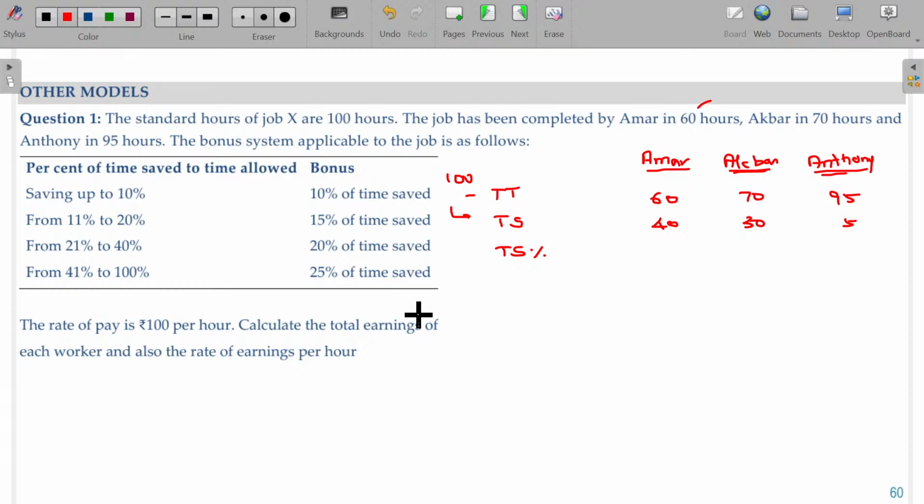Find out the time saved percentage. Time saved percentage in this case is equal to hours saved divided by standard time allowed, in percentage. Standard time allowed in this case being 100, so 40 by 100, 40%, 30%, 5%. Is that clear?